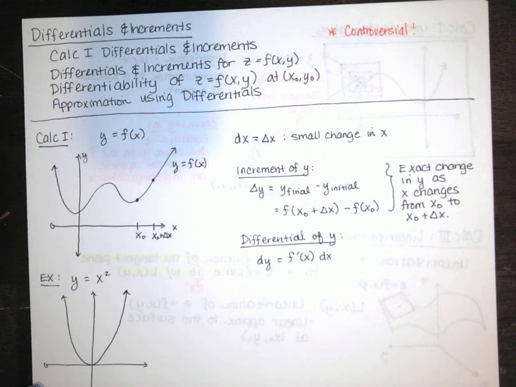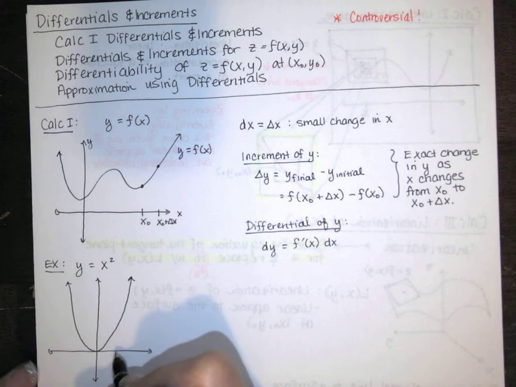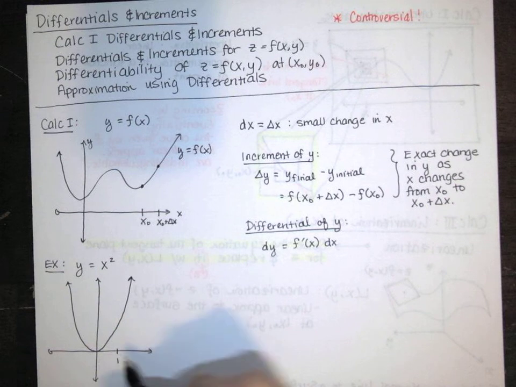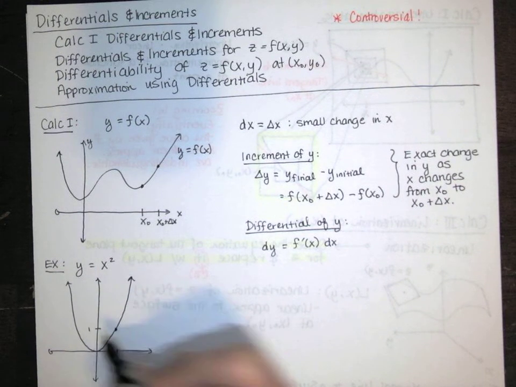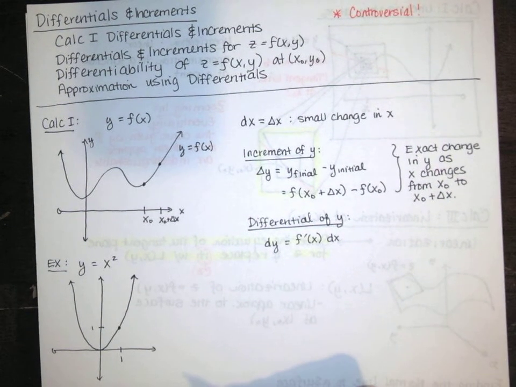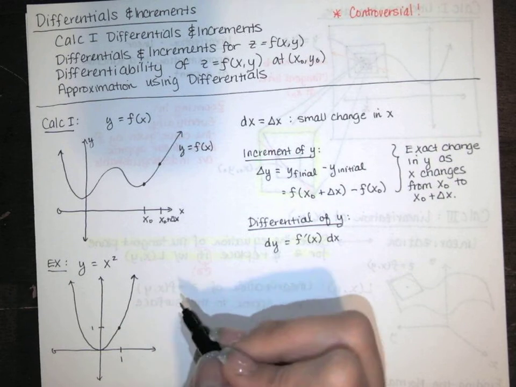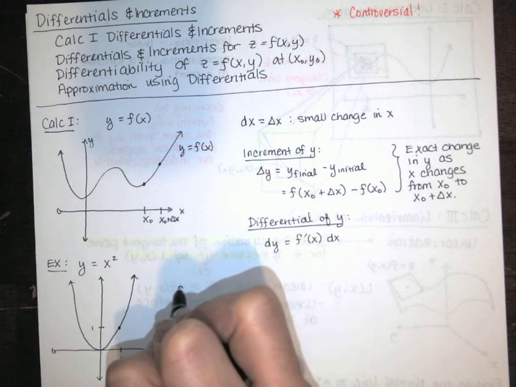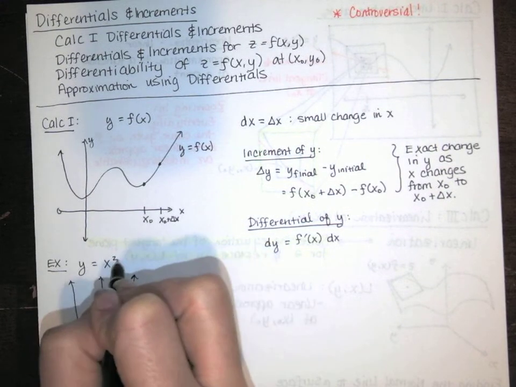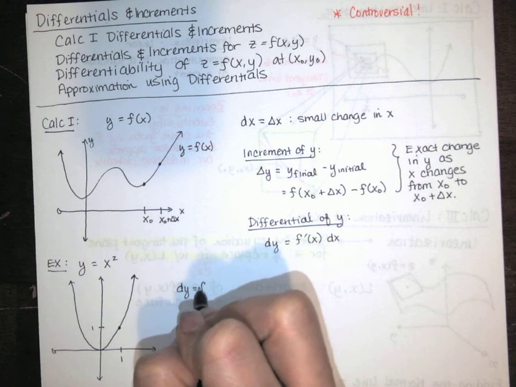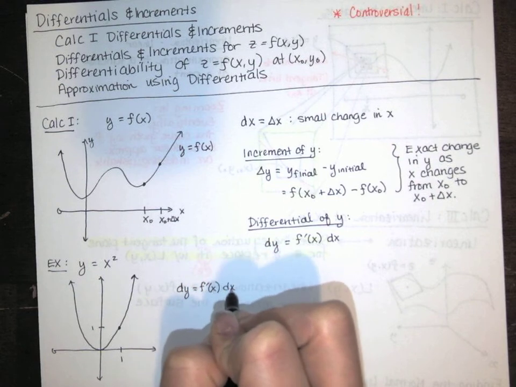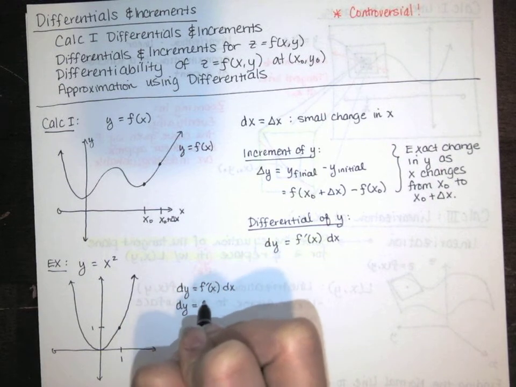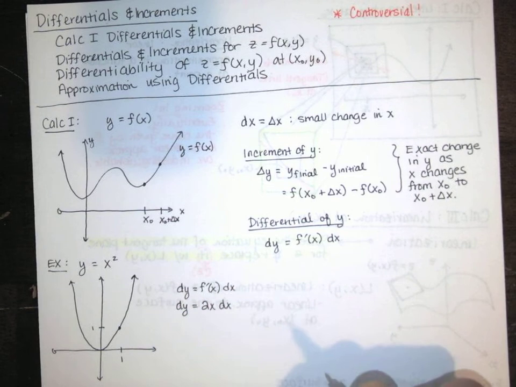I am having trouble with my pictures today. These do not look symmetric at all. That's okay. When x equals 1, y equals 1. The differential of y is just the derivative of y with respect to x times dx. So for this function, it's just 2x dx.